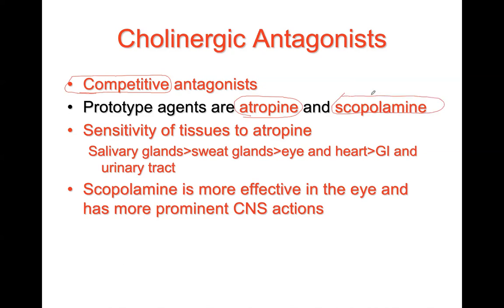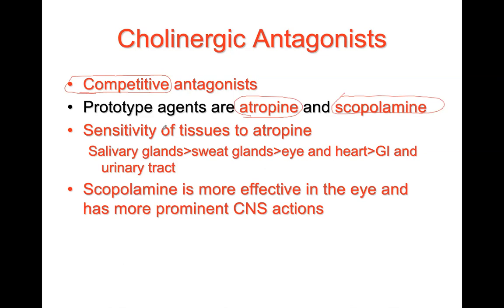What we find is the scopolamine will tend to have greater central nervous system effects because it penetrates further, and so atropine tends to be more peripheral, but we can still get some effects there.